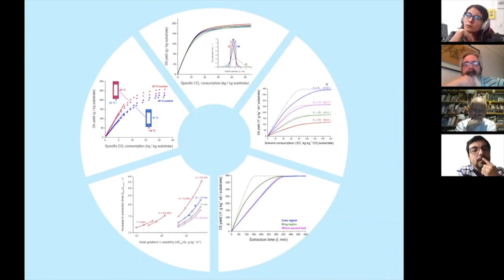Yes. And I forgot something very important. The only thing that you have to take care of is that your substrate has the proper pretreatment to break all the mass transfer barriers.